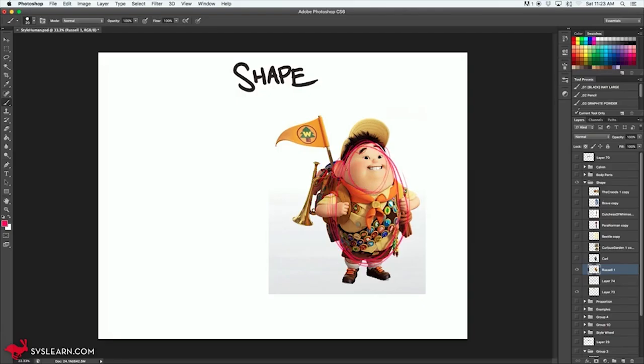The ears are egg-shaped. The arms are kind of egg-shaped. His whole body's egg-shaped. Even his legs are egg-shaped. Every little shape in this character is egg-shaped. And he's just a fun, lighthearted, innocent character. It's using all these soft shapes, these really pleasant shapes, right? To make a pleasant character.